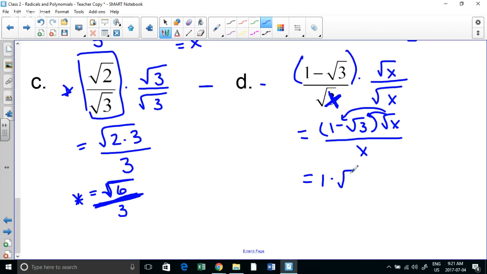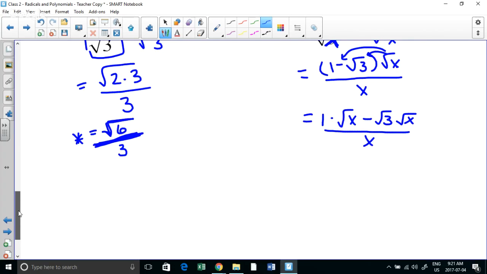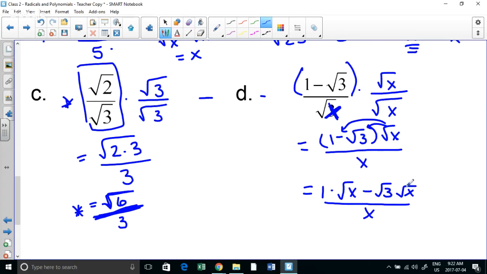So you get 1 times root of x. You get this times the second, which is root of 3 times root of x. This distributes into each of the terms here. And then you can simplify it.